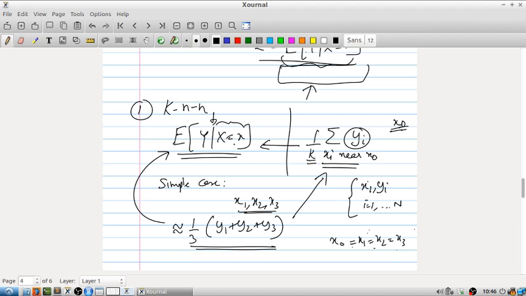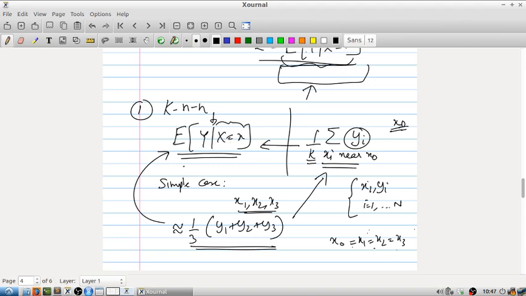And that's what it means to be a good model, because the model, which depends only on the n data points you have already seen, is trying to come up with a prediction of, let's say, y naught, which, if you had lots and lots of data, is going to be this number, the expectation of y given x equal to x.